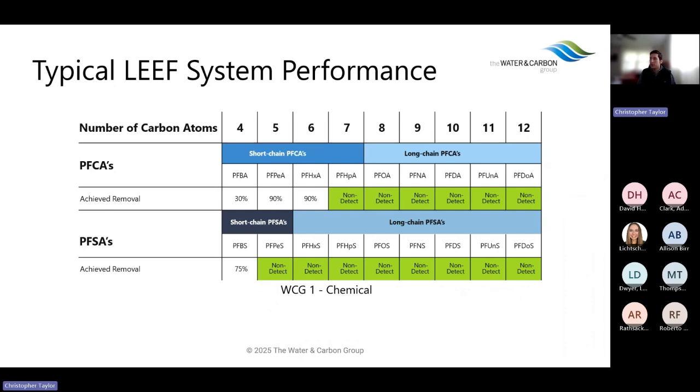And there is a WCG2 chemical that we're getting pretty close to launching. I can't quite do it yet, but it certainly is an improvement on this as well. You may have heard in other types of technologies for PFAS things like, foam fractionation can't remove short chain. That's definitely not true, at least with respect to what we've been doing at Bethlehem and other places as well.